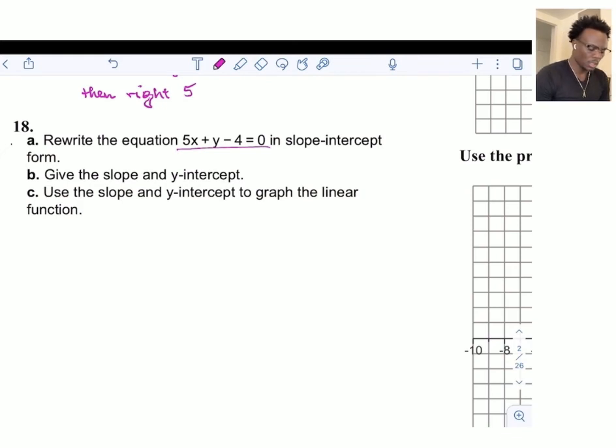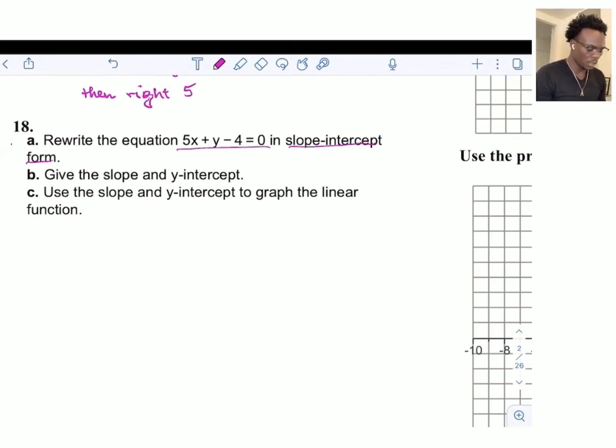They say write it in slope-intercept form. Whenever you want to write in slope-intercept form, you need to solve the given equation for y. That means we want y to be on one side by itself and everything else moved to the other side.